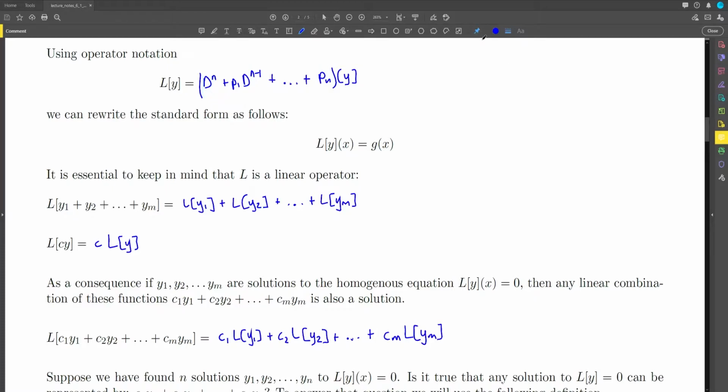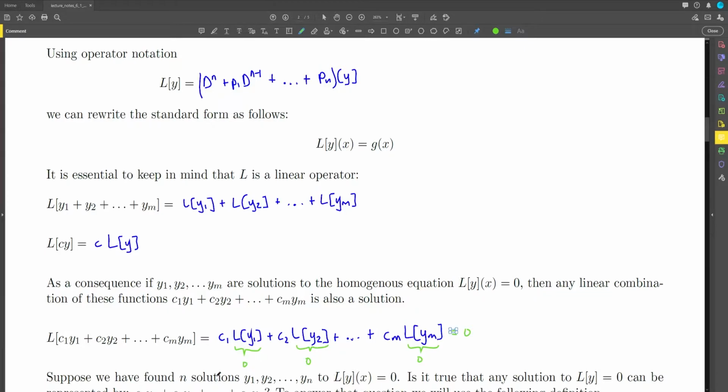And what we see here is that since we assume that y1 through ym are solutions, this is 0, this is 0, this is 0, and so the final answer is 0.